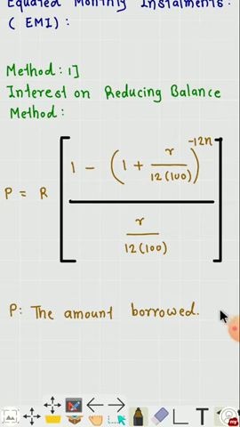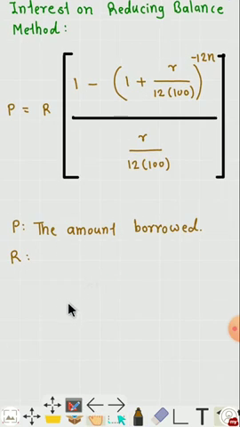Capital R denotes the monthly payment, so we call it the equated monthly installment.